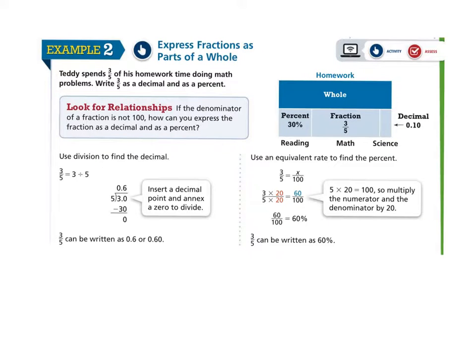Look at example 2. I did not look ahead on this part and see what was coming very well, but this actually is the part we just looked at with the math. So we just did this, changing the 3/5 to a decimal and a percent. The book shows an alternative way.